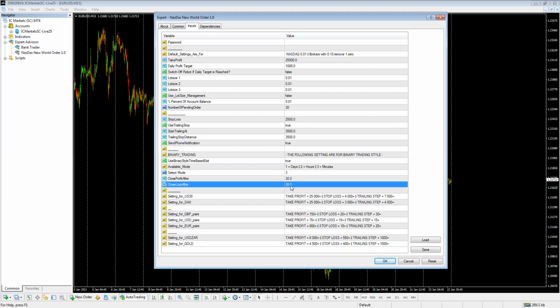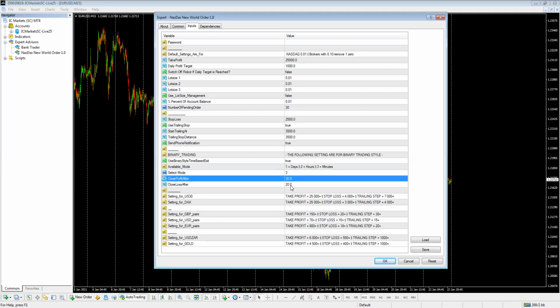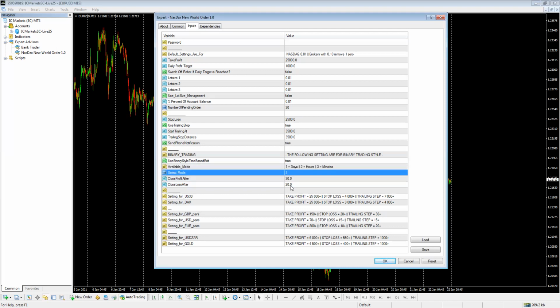Okay, this is what's happening here. So this is time-based trading, which is also known as binary trading. Whatever period you select, that's the period the robot will wait before it closes your trade. So if the trade is moving against you until the time that you set has been reached, the robot will remain running.